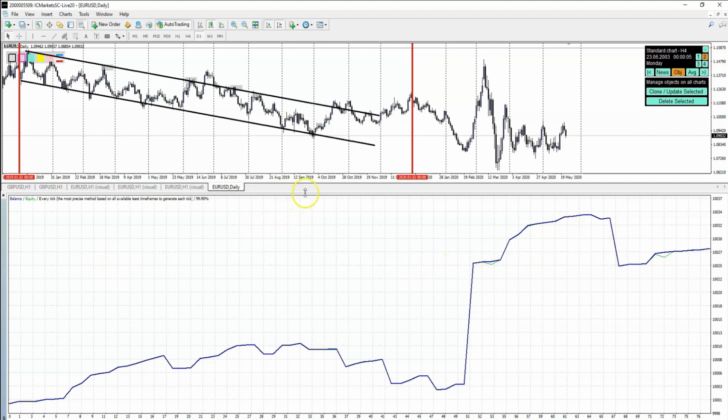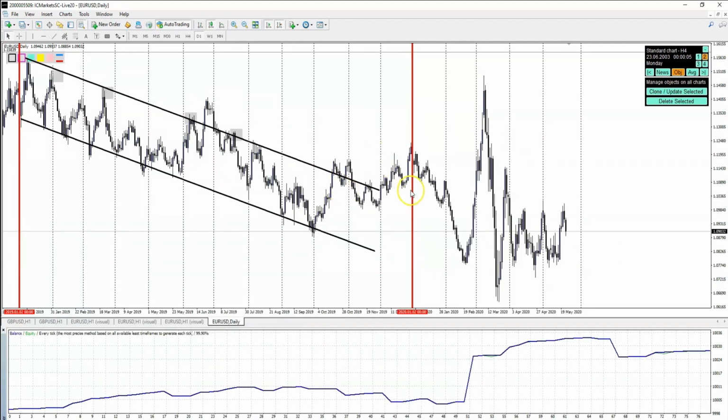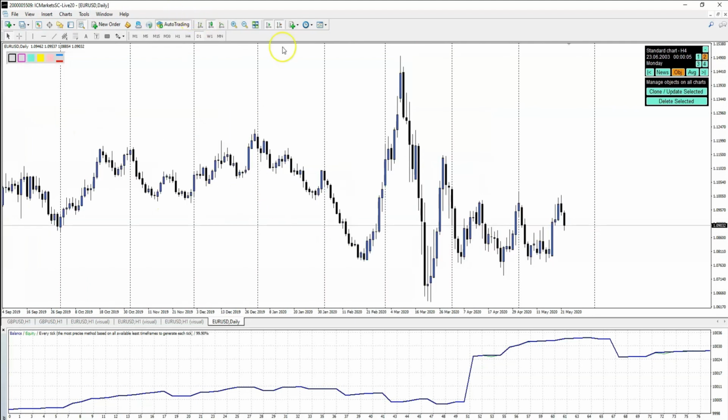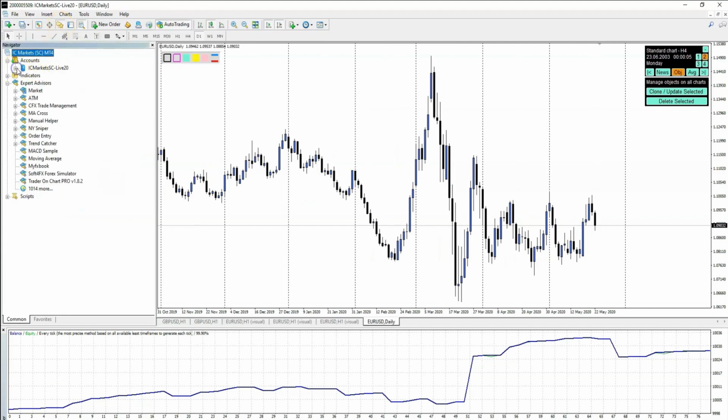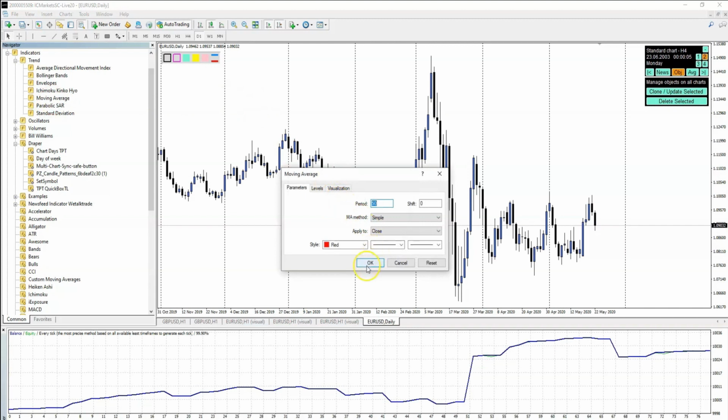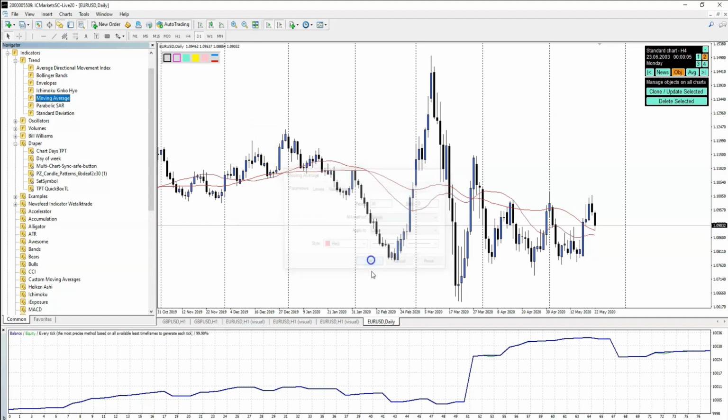Now let's start breaking this down for you. Let me get rid of some of these levels. I always prefer a clean chart when I'm working. And let's get a moving average on, and we'll have a look at exactly what happened. I think one was a 30, I can't remember the other one.